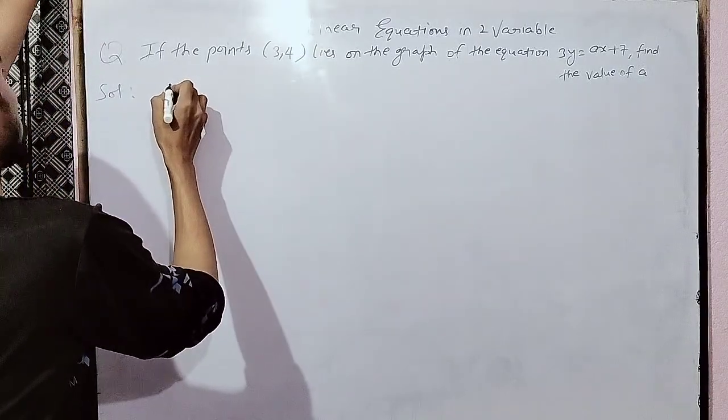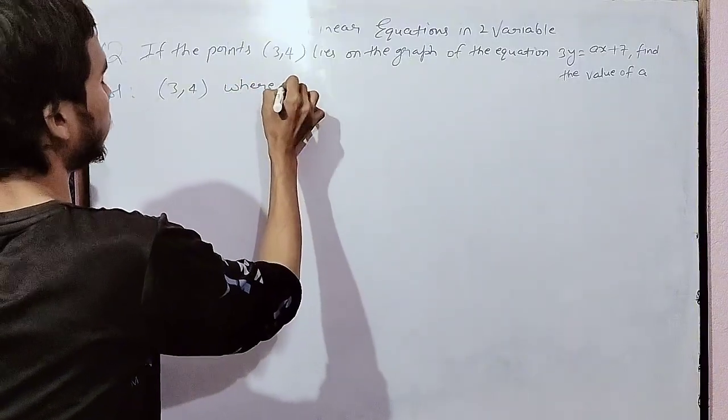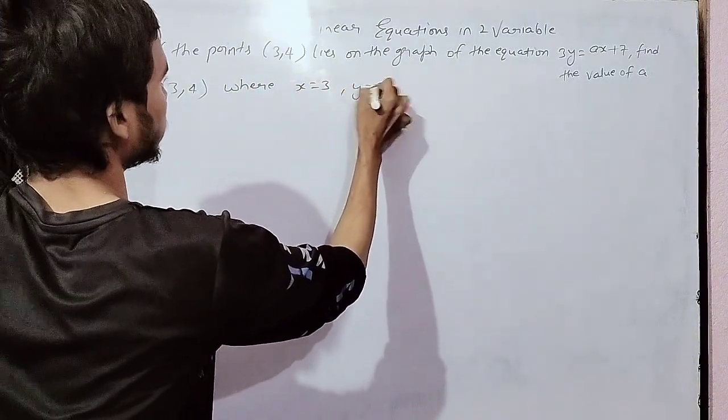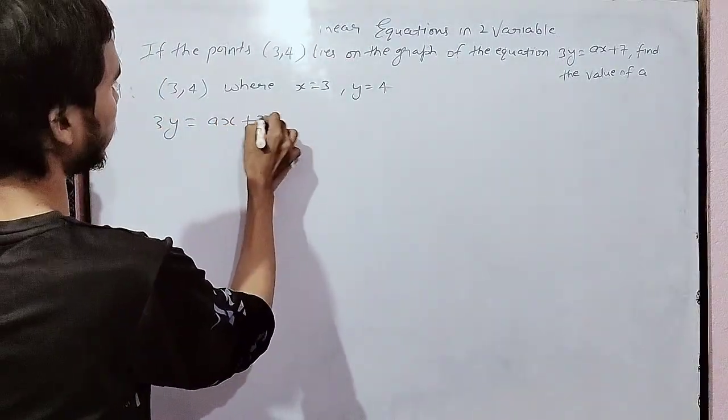Now, whatever is given, we will write 3, 4, where x is 3 and y is 4. The given equation is 3y equals ax plus 7.